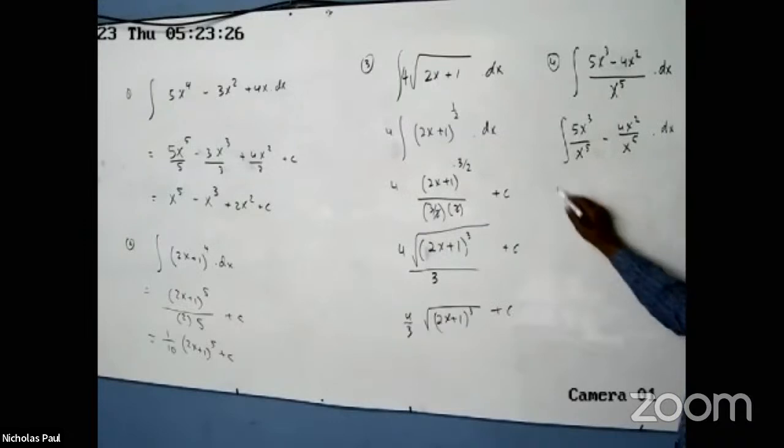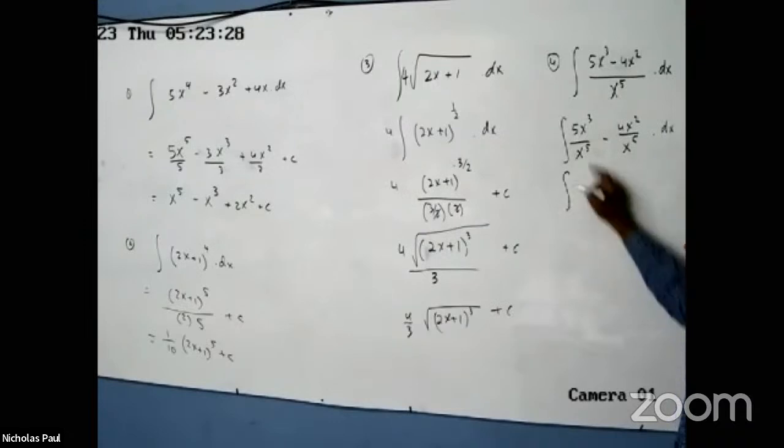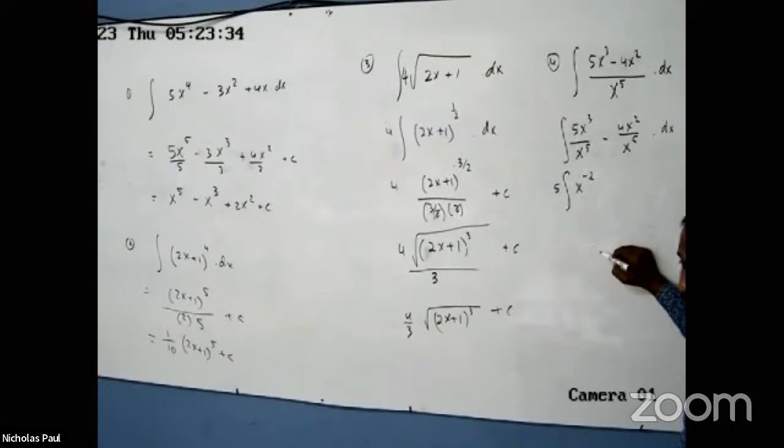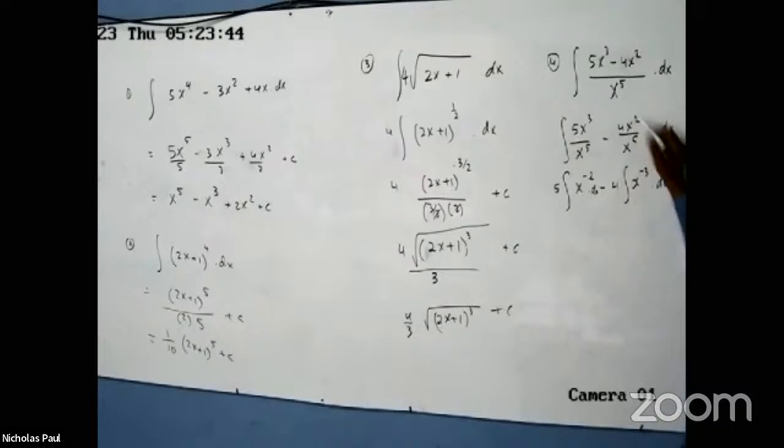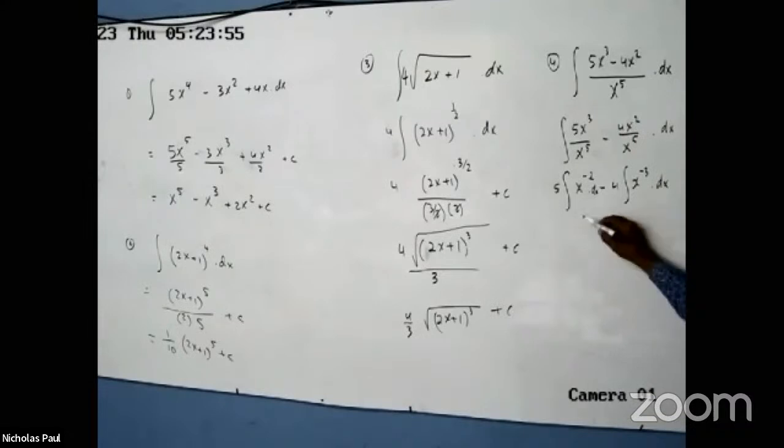So what are we really integrating here? Putting the 5 outside, x cubed over x to the 5 gives x to the minus 2. Minus 4 by the integral of x to the minus 3. That's okay? So I'll simplify because there is no quotient rule for integration. So I have to do some simplification, right? This divided by this and this divided by this. So I'll get something like this here.